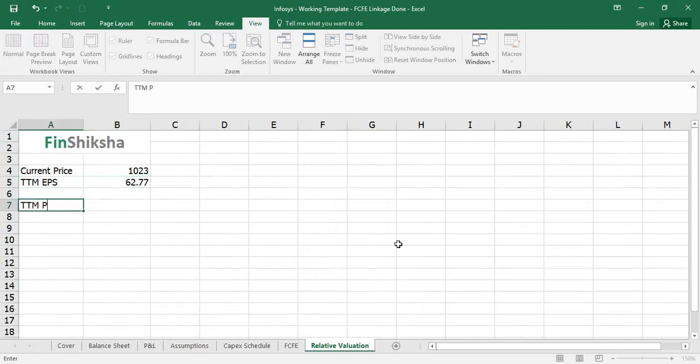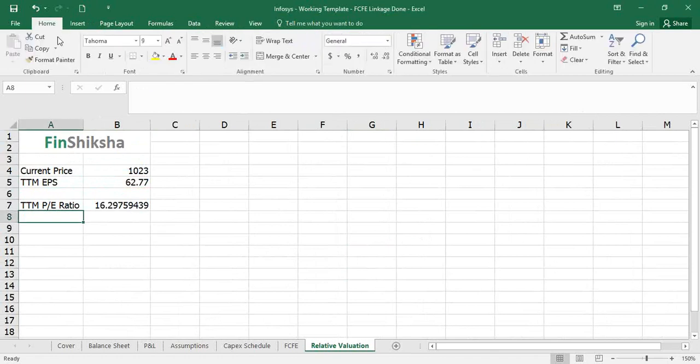So the TTM price to earnings ratio is going to be equal to A by B, correct? That's the number we get. So that's the first calculation, the trailing PE ratio for Infosys.